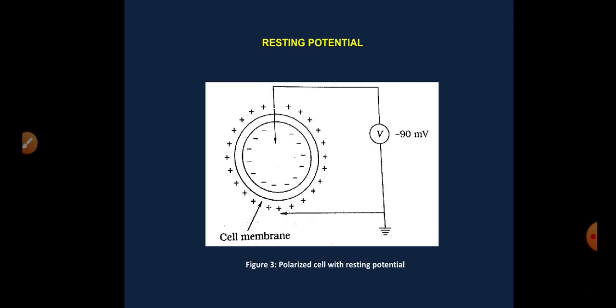Next, what is meant by resting potential? Some of the fluids surrounding the cells of the body are conductive, and this conductive fluid contains atoms known as ions. The main constituents of the conductive solution are sodium, potassium and chloride.